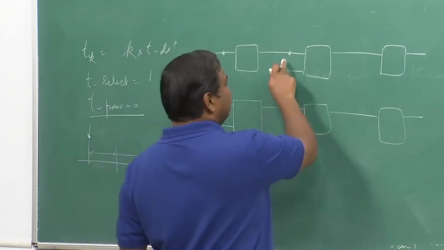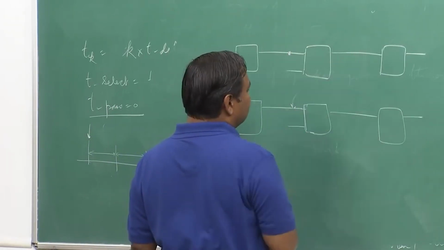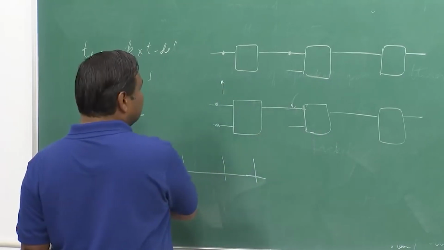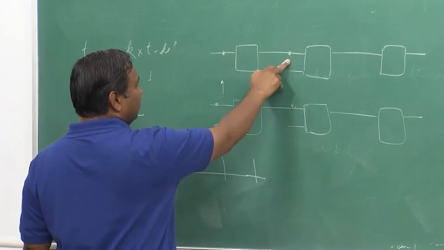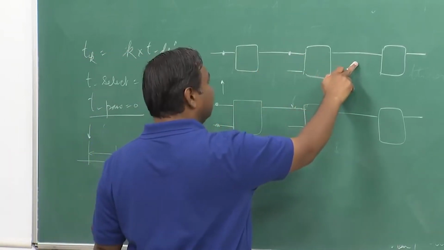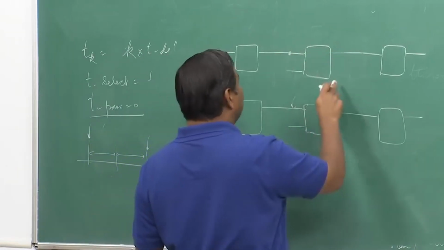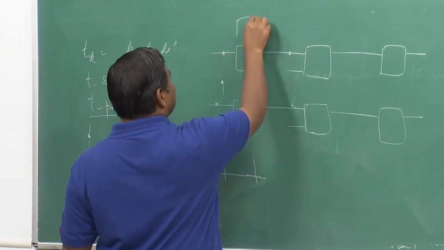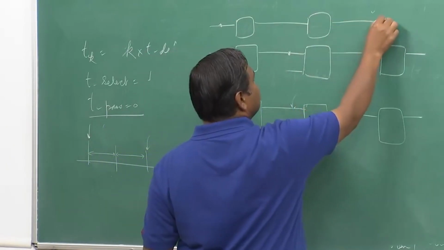If there is going to be contention, then of course one of them will be going out. So, assuming this is going to go on to this side. So, at the end of this next slot, this will not be selected because the buffer was not empty, this can get selected, and then at this instant this packet can move to the next location. So, you will have this situation.